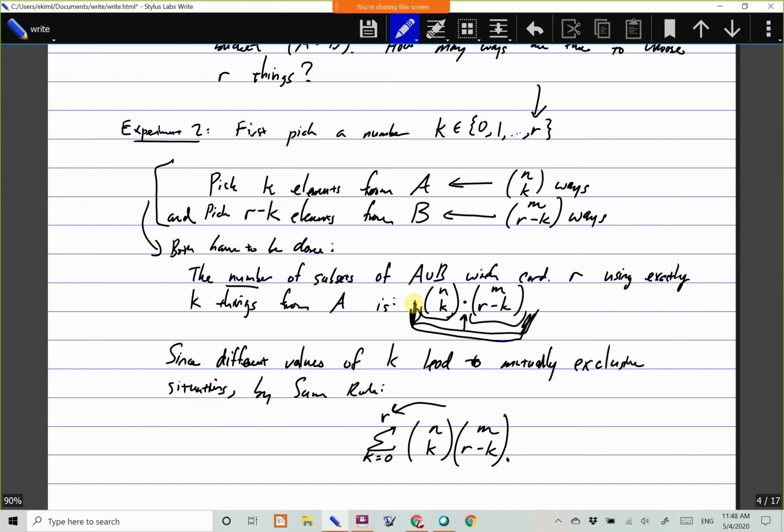Once that expression is obtained, then to that product the sum rule applies, because the subsets of A union B that have k equals 2 elements from A, and the subsets of A union B that have k equals 7 elements from A, those are different. So yeah, there's a lot of sum rule, product rule, binomial coefficients, lots of things happening here.